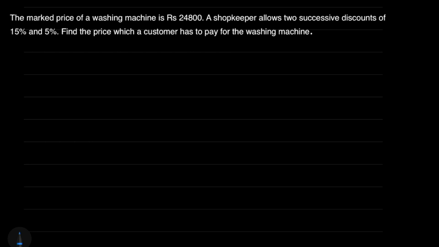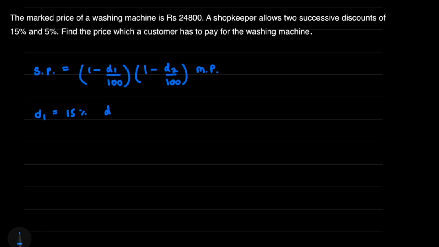If we remember the successive discount rule of thumb, we know that the selling price can be calculated as 1 minus d1 over 100 into 1 minus d2 over 100 into the mark price. So our d1 is 15%, d2 is 5%, and our mark price is 24,800 rupees.